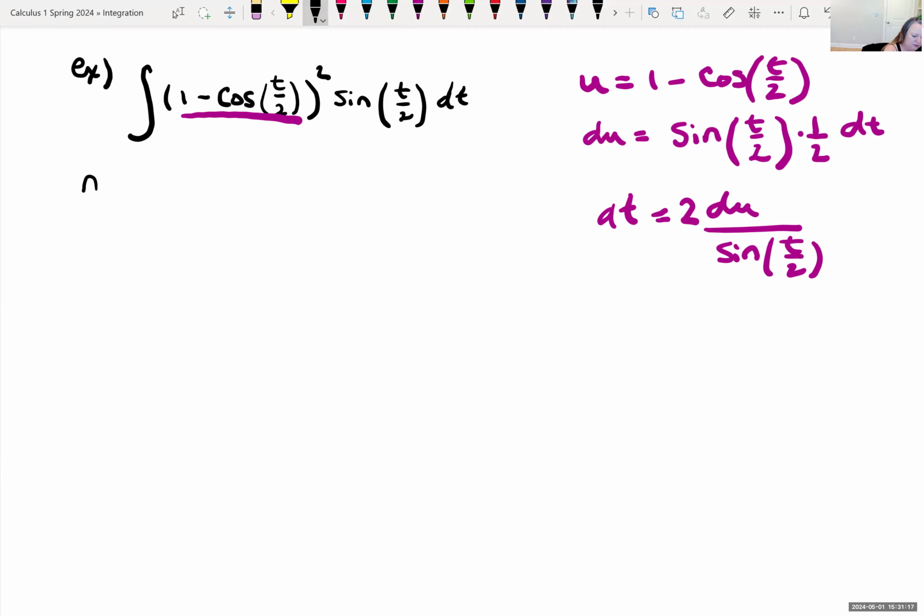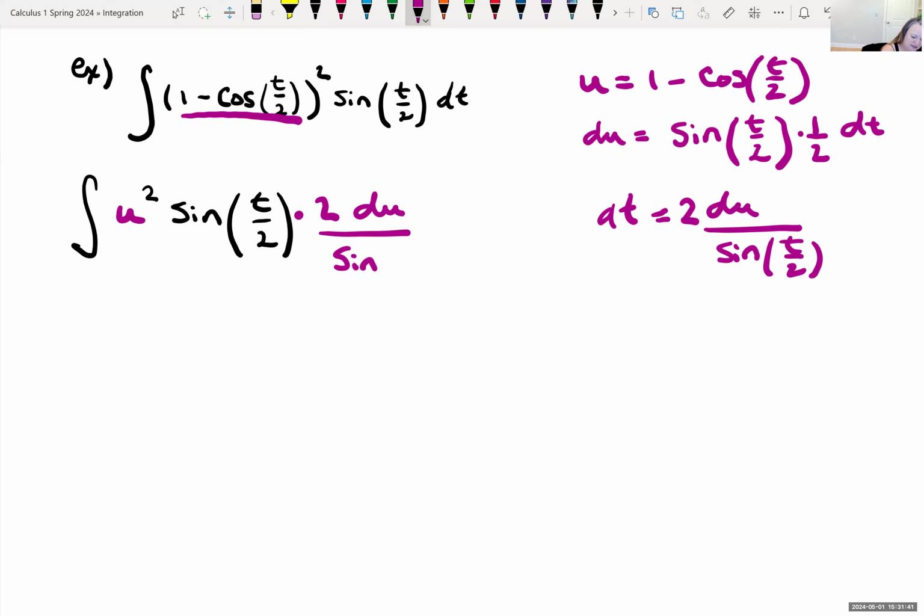So the integral of u squared times sine of t over 2 dt, but dt we just found was 2 du all over sine of t over 2.